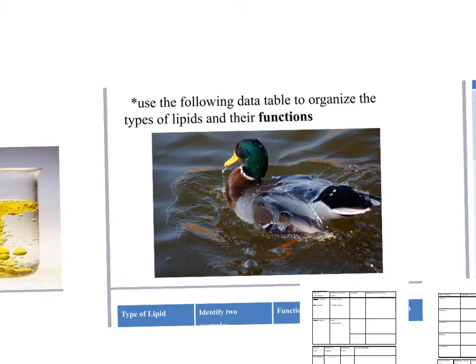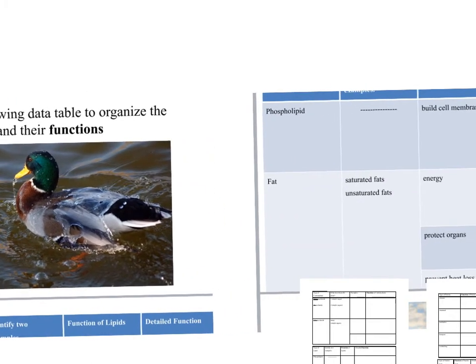So when the water hits them, it basically beads up on top and keeps that cold water from getting into their body. It's almost like a repellent, if you were to spray something on your boots to repel water. That's what these waxy fats are on the duck feathers. They repel that water and keep it away from them.